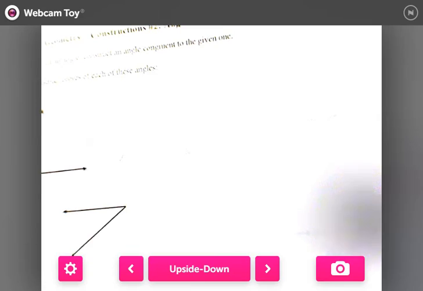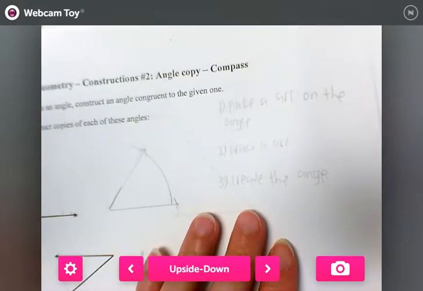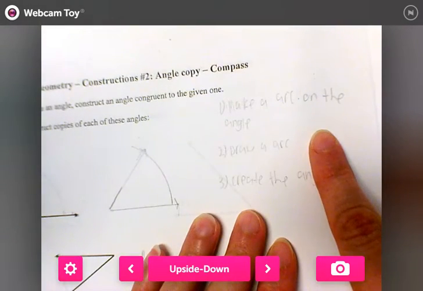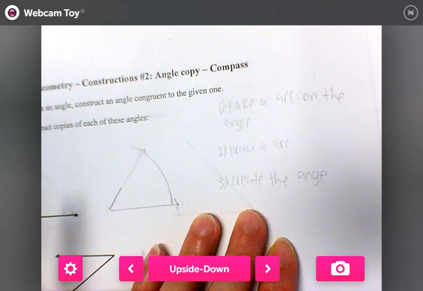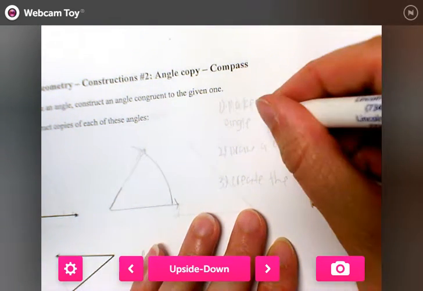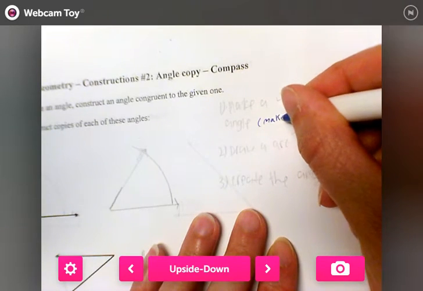So, Layla has make an arc on the angle. That's pretty clear, right? Your original angle, you're going to make an arc. All that I would add to it is make sure it's smaller than the ray.